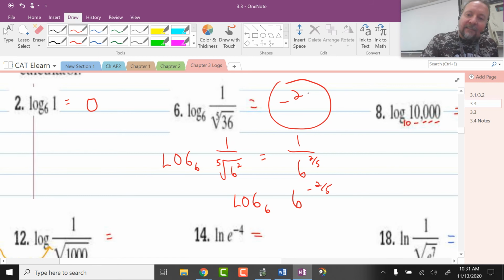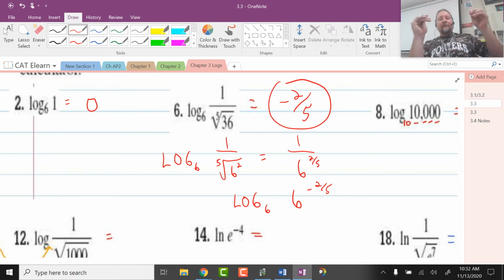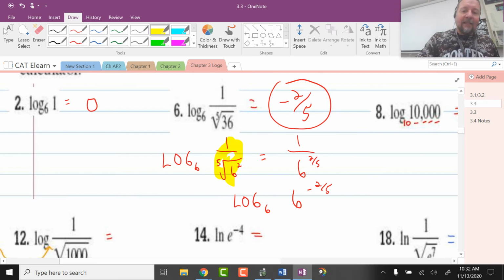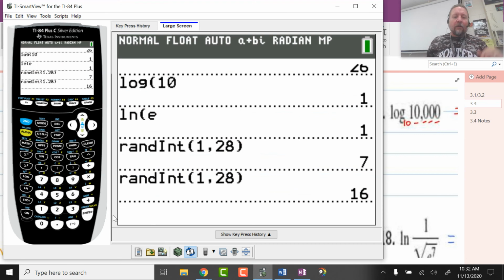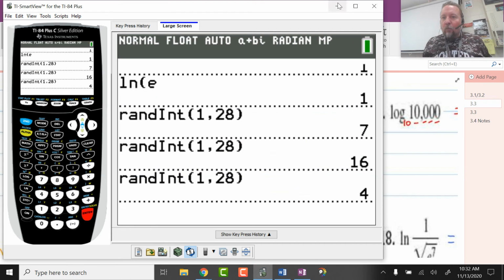Okay, some people put 6 to the negative 2/5. No, we just want the exponent. What is the exponent on 6 that makes 6 raised to that power 1 over the fifth root of 36? So you have to do all of this. It's not logarithms, it's exponent rules. That's why students kind of fumble on logarithms because they don't know their exponent rules. And that was a tough one. So good job. You did that well.